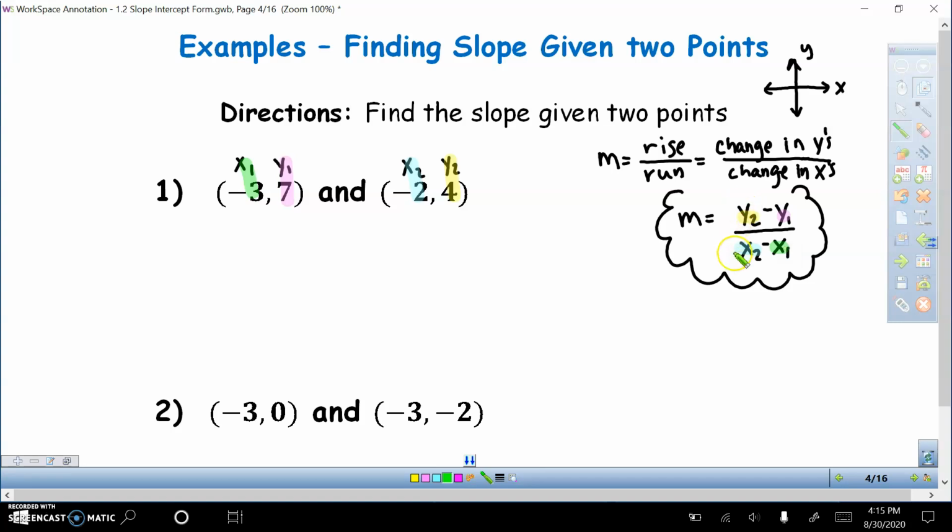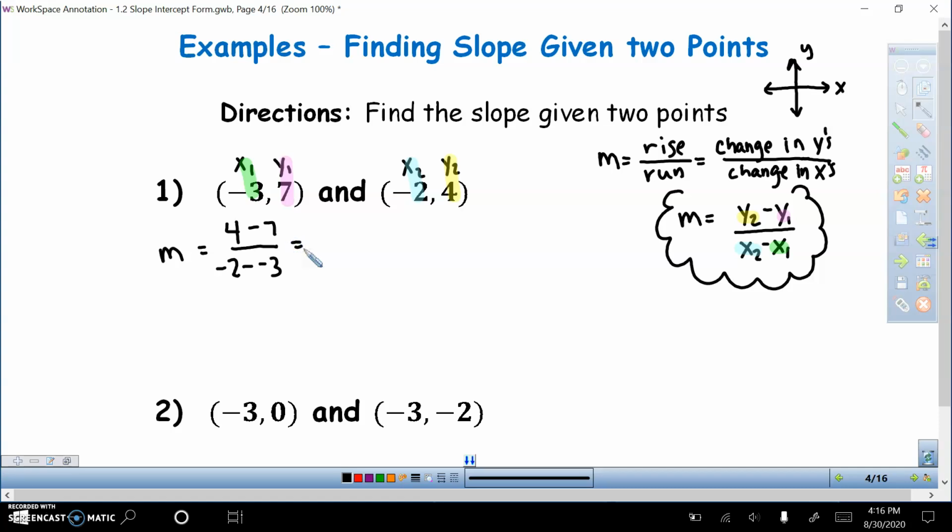So I'm going to have 4 minus 7 over -2 minus -3.